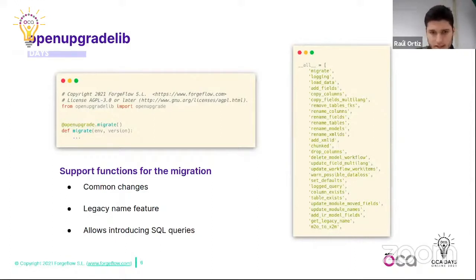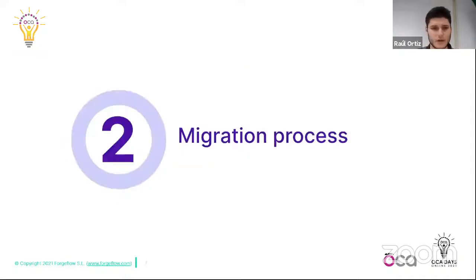So basically, that is this. Now that we have a basic introduction to Open Upgrade and Open Upgrade Lib, one more thing here: Open Upgrade Lib is also useful for creating the migration scripts for other modules that are not the ones in the standard version of Odoo.